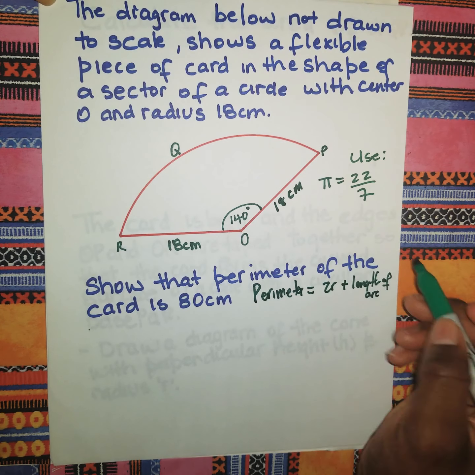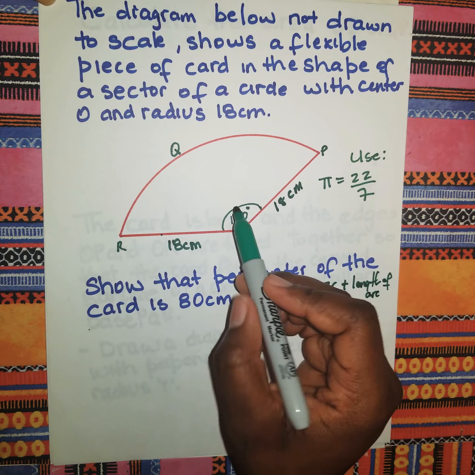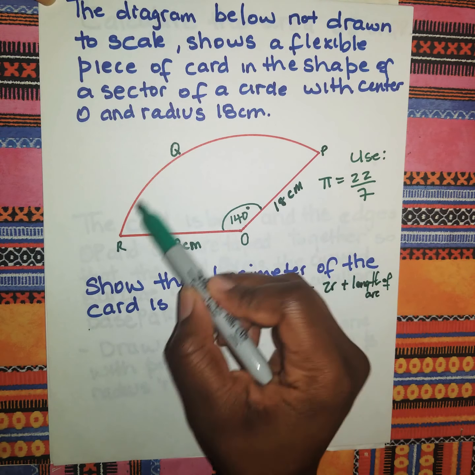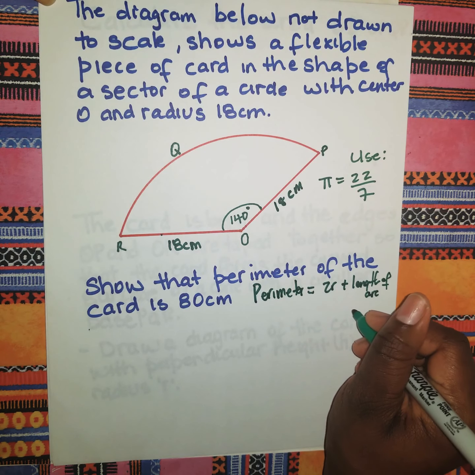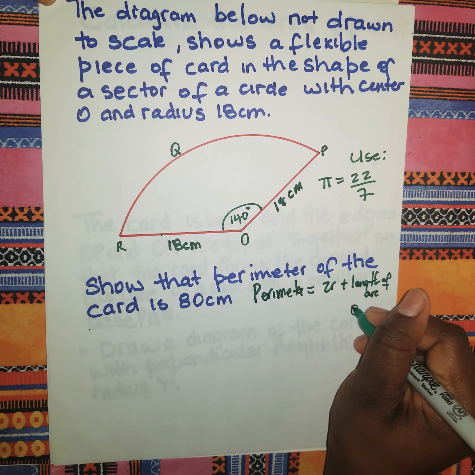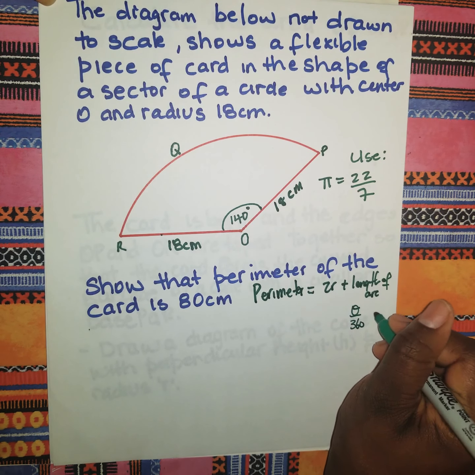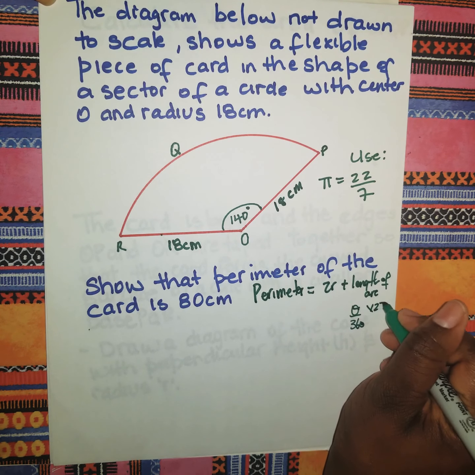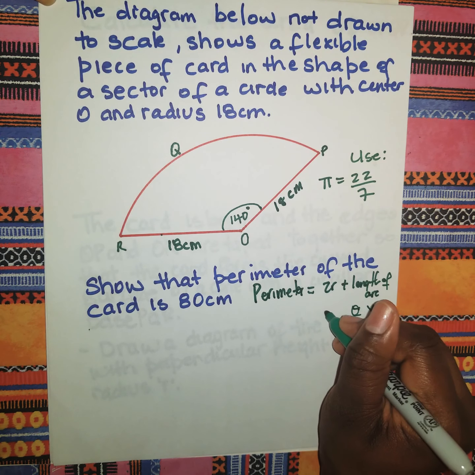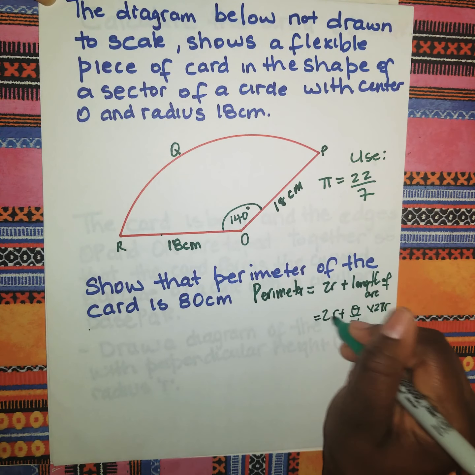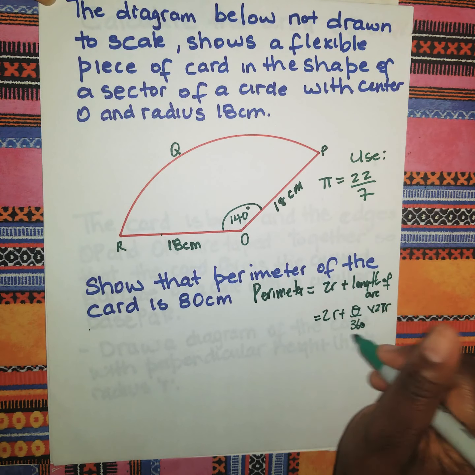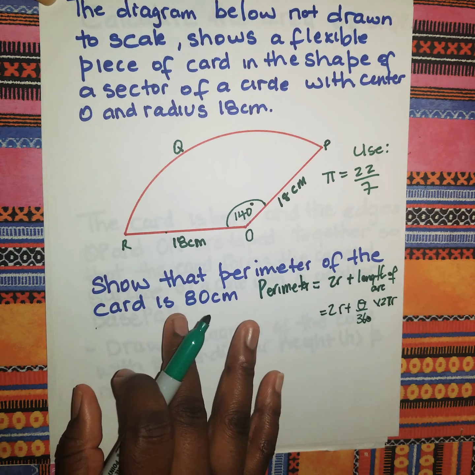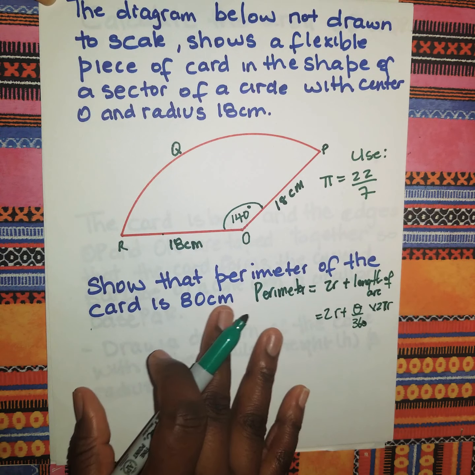The 2r will be the two radii and the length of the arc would be this distance around here. And we know the length of the arc is calculated by theta over 360, that means the observed angle over 360 times 2 pi r. You're going to add the 2r to that. So using this formula, we're going to prove that the perimeter is equal to 80.